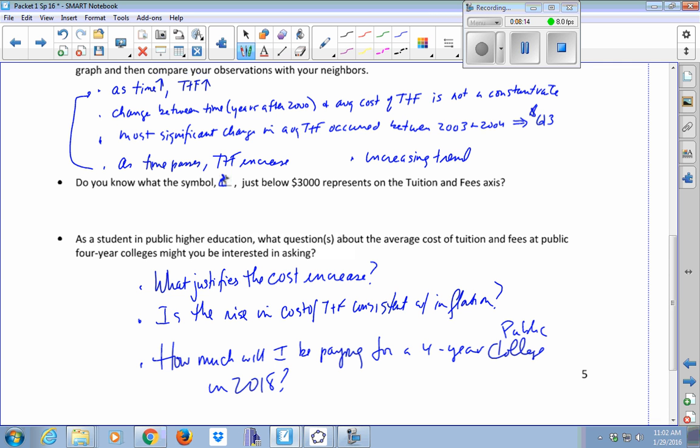Did something happen between 2003 and 2004, was there some type of recession? There's lots of things. In order to look at that, you would be looking at a different kind of mathematical test, something in statistics called multiple regression. You'd want to know what factors really contribute and make the difference between the average cost of tuition and fees. Yep, Jasper?